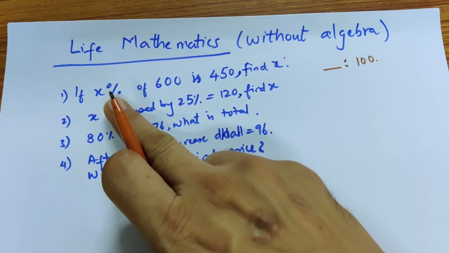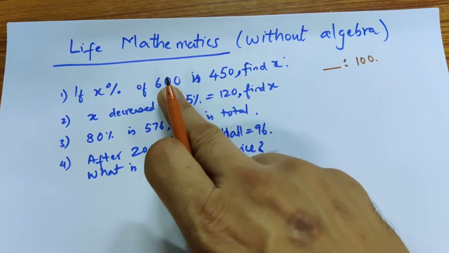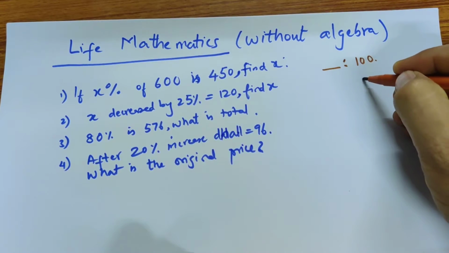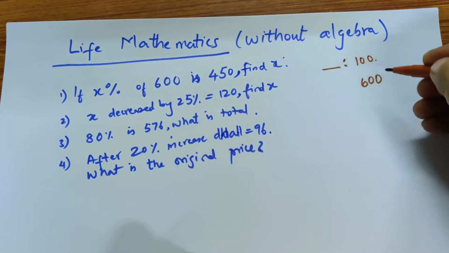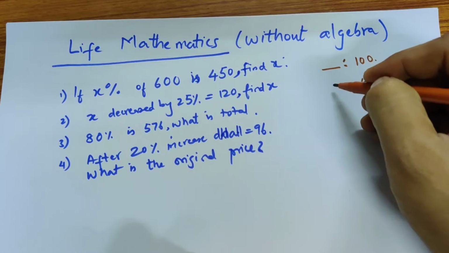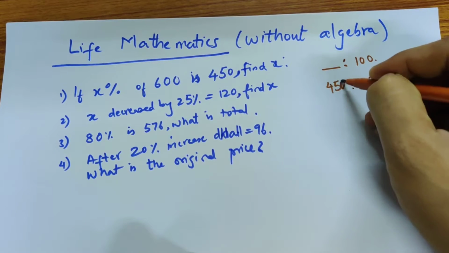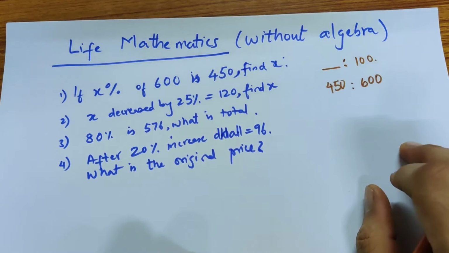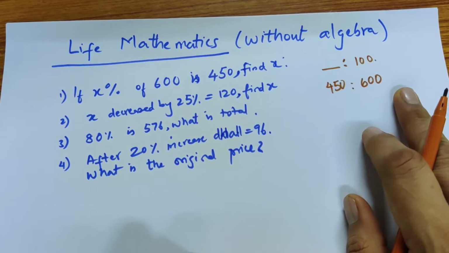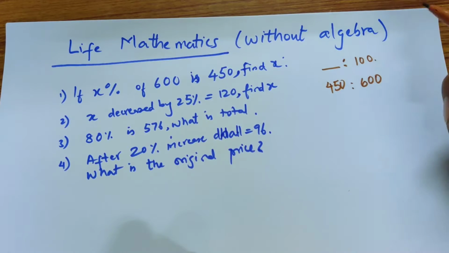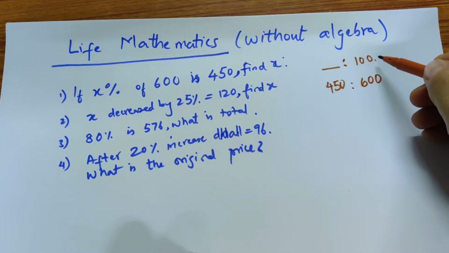And this is out of 100, so we are taking the bigger quantity, that's 600 here, and this is 450. So a ratio is given, I need to find the other ratio. Ratios we know, right? If I look at this number, to get to 100 I have to divide by 6.